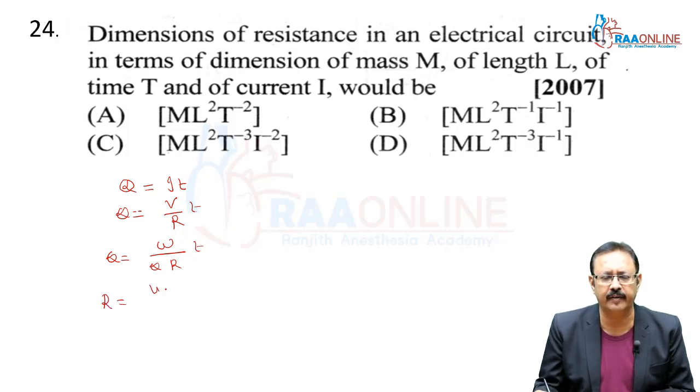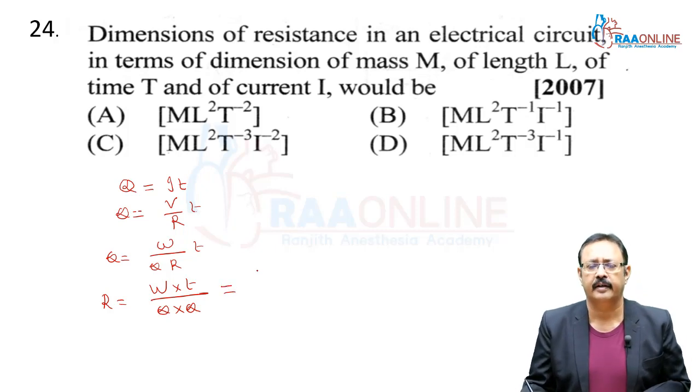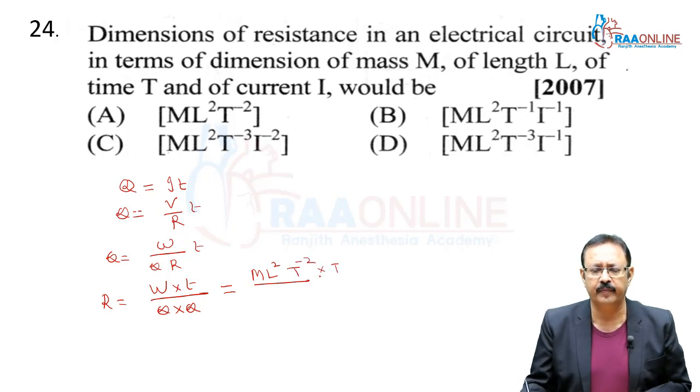What you are getting is work into time upon Q into Q. What is work? ML^2 T^-2. Time. What is Q? I into T, current into time.